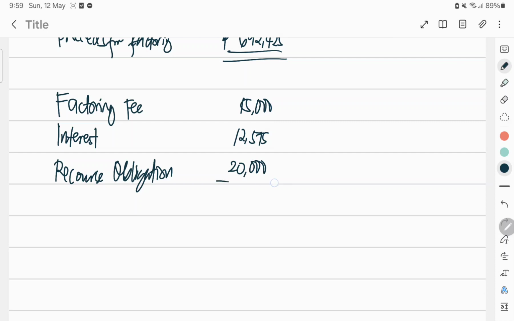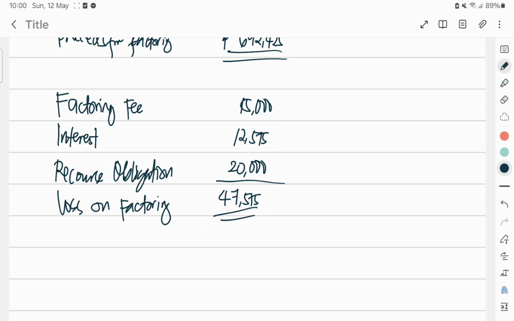So, this is one way. Or pwedeng diretso na sa journal entry 15 plus 12,575 plus 20. So, this is 47,575. This is your loss on factoring. That is actually your total loss on factoring, no? Kasi hindi pa natin nalalaman kung ano mangyari in the future.